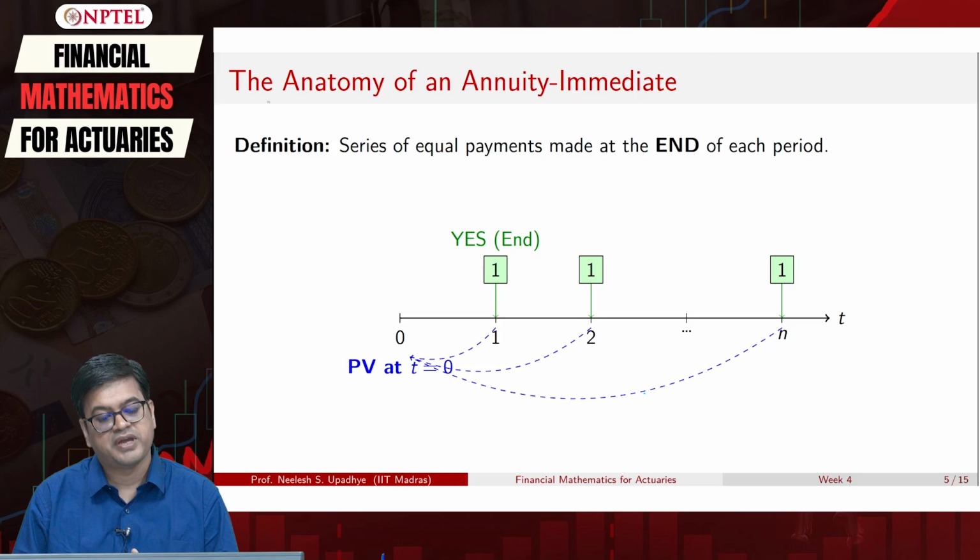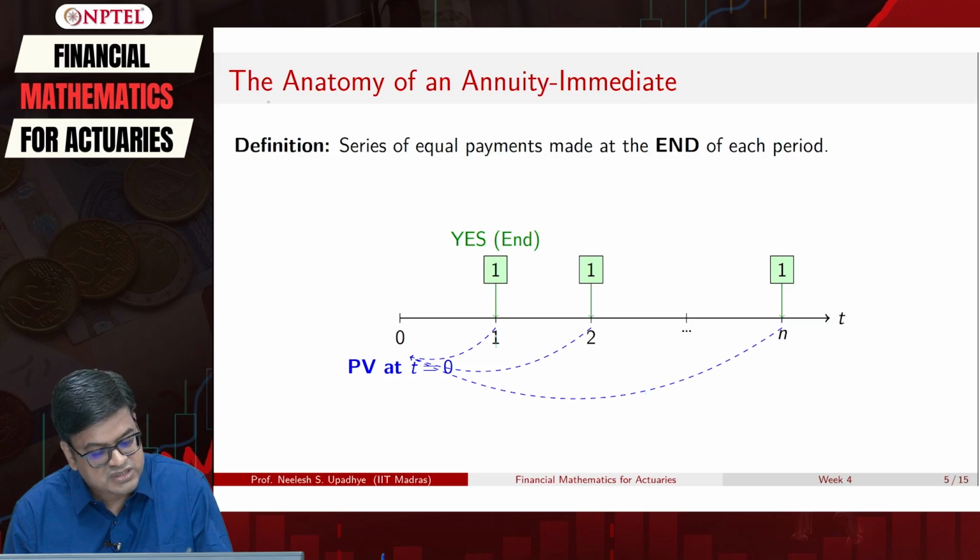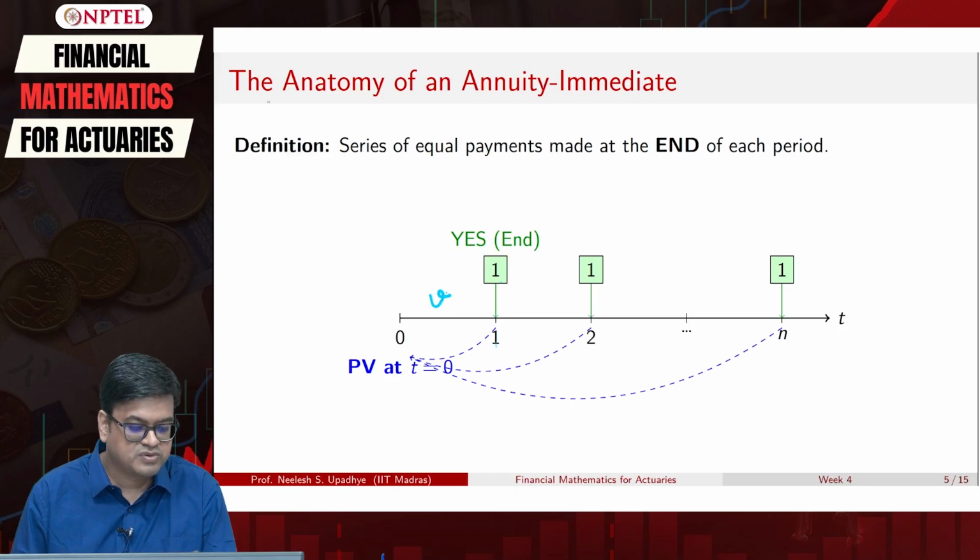When the payment is made, your present value at t equal to 0 will be, as usual, we already know something about it. If it is a unit value, then with our notation, this is the V notation, right. So, you will have a present value of V. Okay.